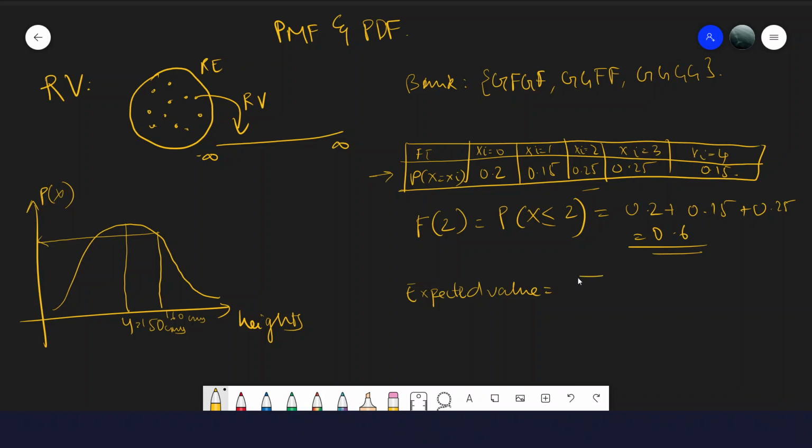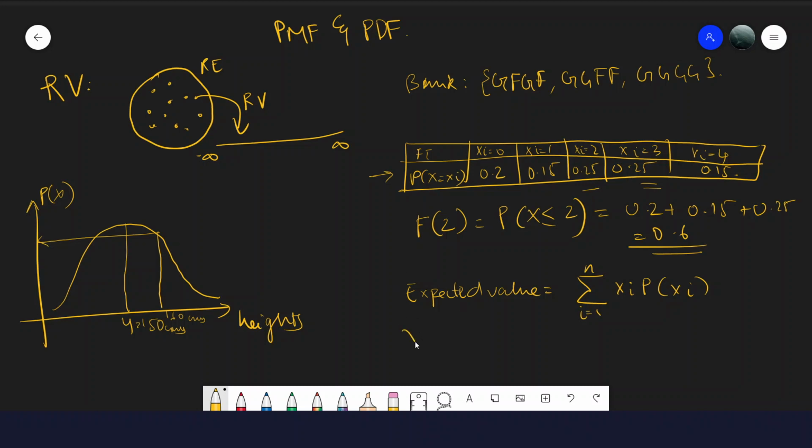The formula of expected value is the sum from i equals 1 to n of xi times p of xi. This is the formula for finding the expected value of a discrete distribution such as this one. Expected value is nothing but the mean.